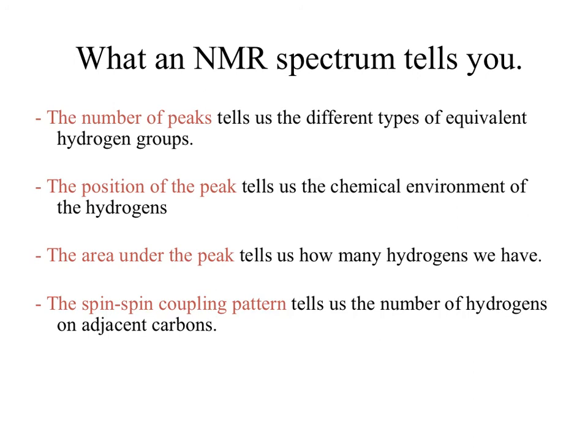The area under the peak, and we would get that from the integration trace, tells us how many hydrogens we have causing that peak. Now, this splitting is sometimes called the spin-spin coupling pattern. That's basically the splitting pattern, and it tells us the number of hydrogens on adjacent carbons.